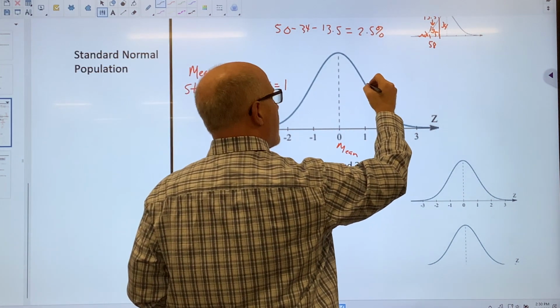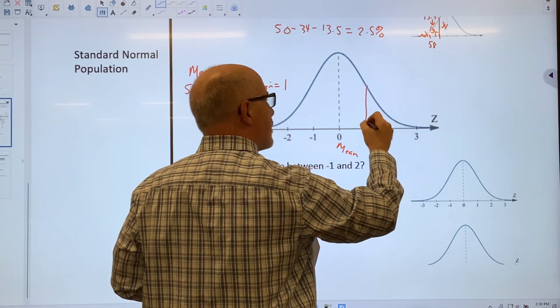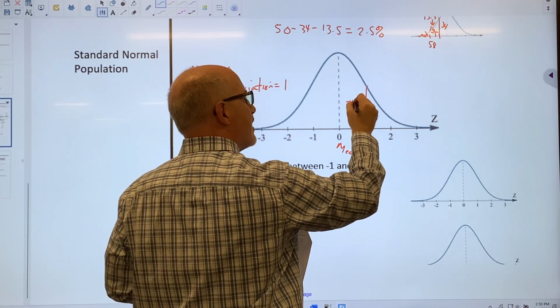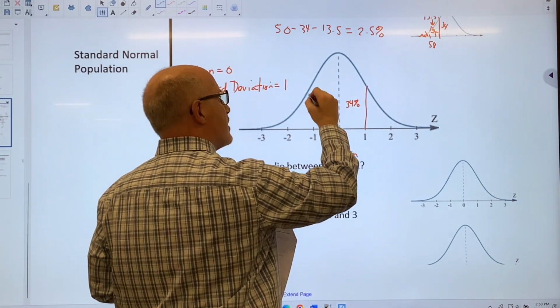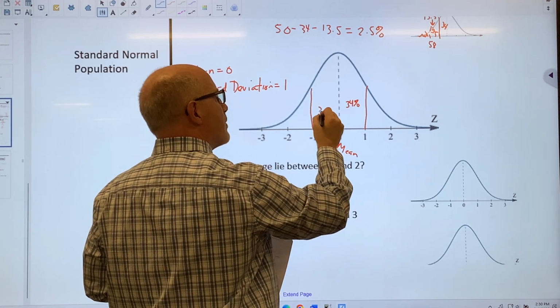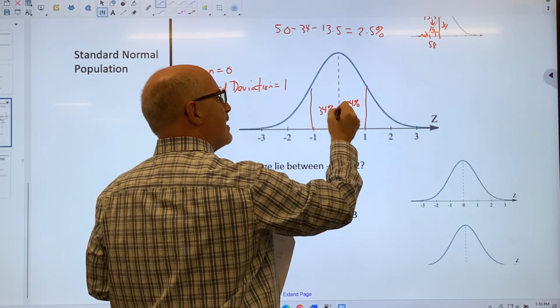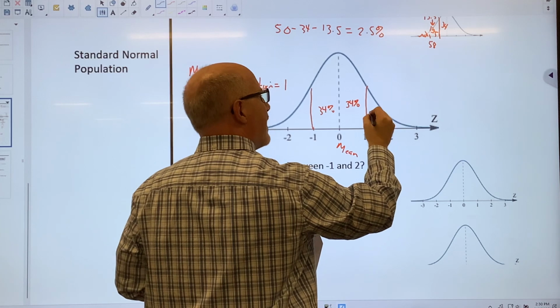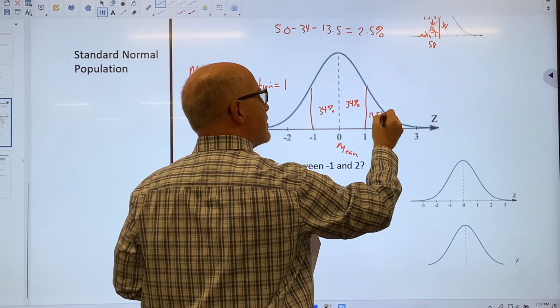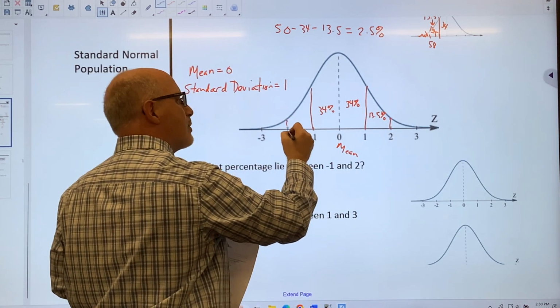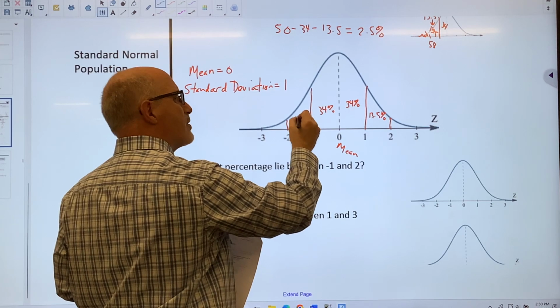Let's go ahead and fill those percentages back in here. Remember there was a 34% here in this region, and then a 34% in this region, and there's a 13.5% here in this region, and in this region a 13.5%.